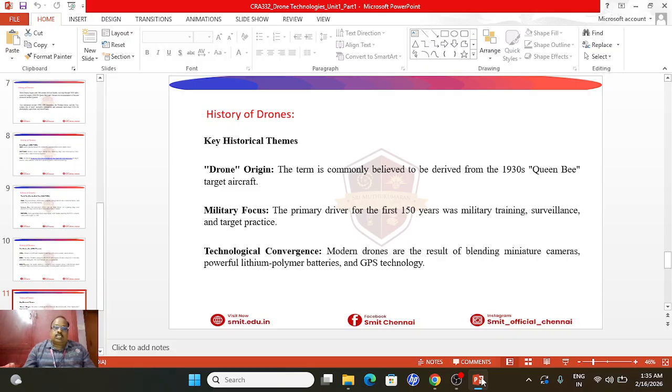Technological convergence: modern drones are the result of blending miniature cameras and powerful lithium polymer batteries. Also, the various GPS technology is involved in the technological convergence.